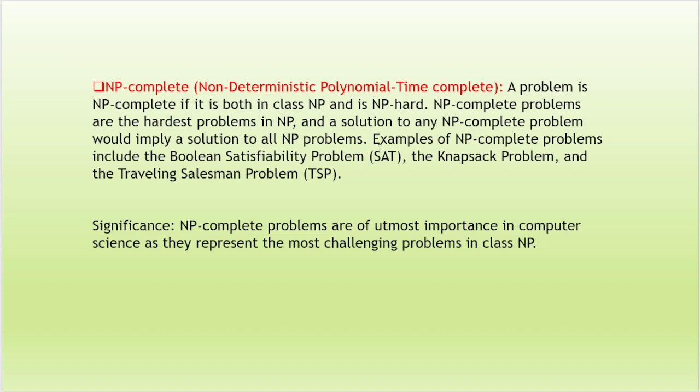Examples of NP-complete problems include the Boolean satisfiability problem, SAT, the knapsack problem, and the traveling salesman problem, TSP. Significance: NP-complete problems are of utmost importance in computer science as they represent the most challenging problems in class NP. Thank you, sir.